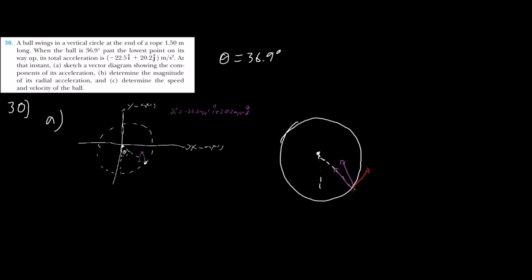As the problem says, this ball swings in a vertical circle at the end of a rope 1.5 meters long, so let's say the radius is 1.5 meters.